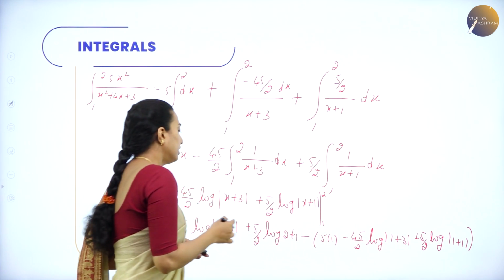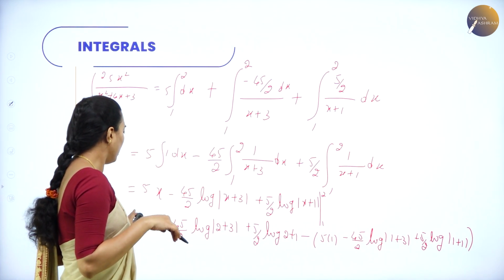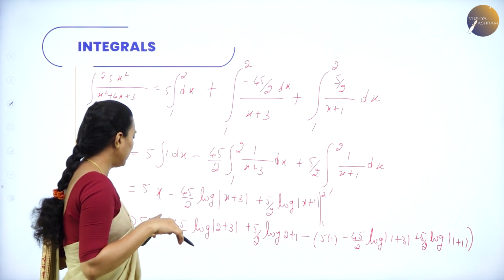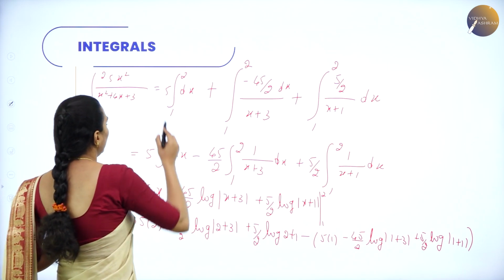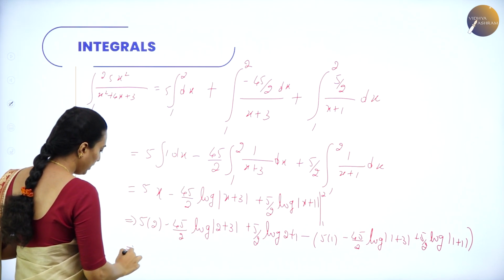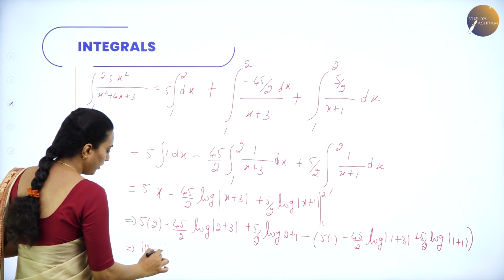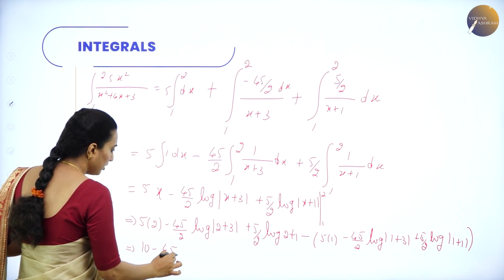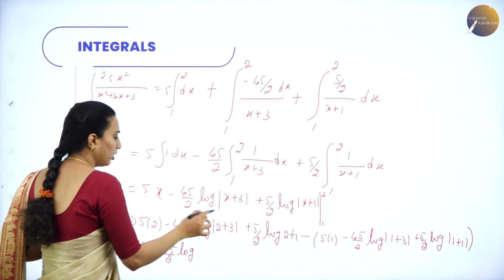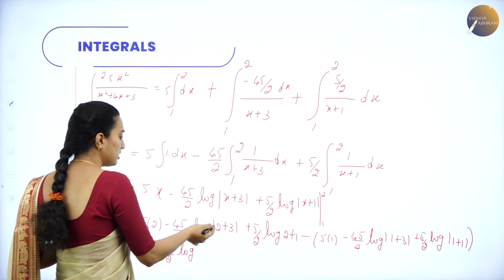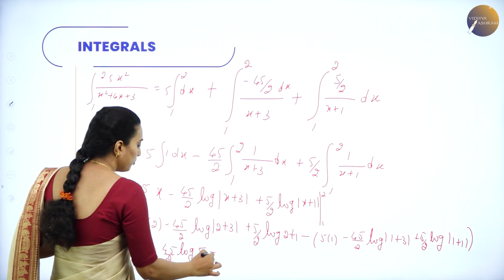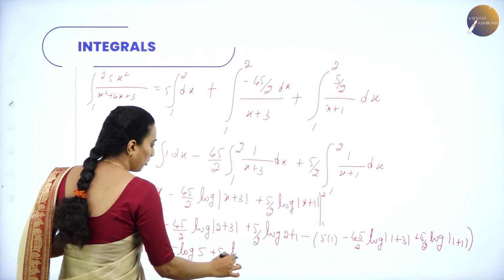Close the bracket. Now further simplification gives you 5 2s are 10, 10 minus 45 by 2 as it is, I am writing log of 5, anyway modulus of 2 plus 3 is greater than 0, plus 5 by 2 into log of 2 plus 1.